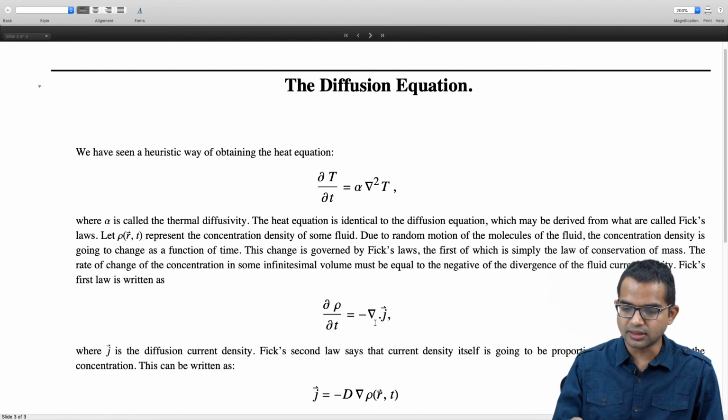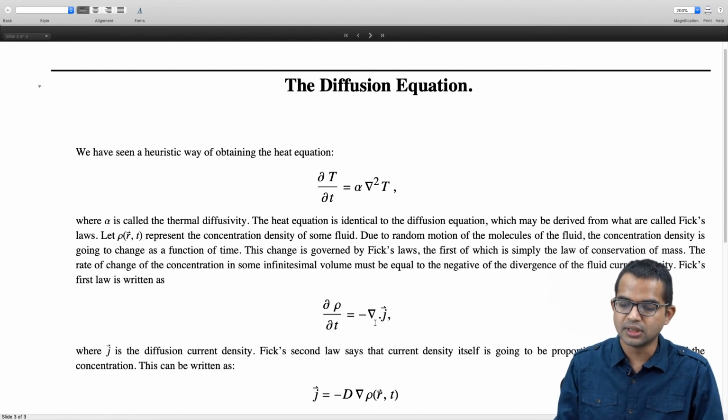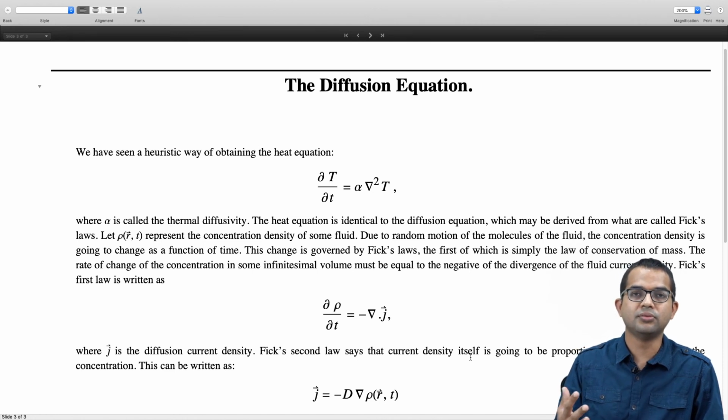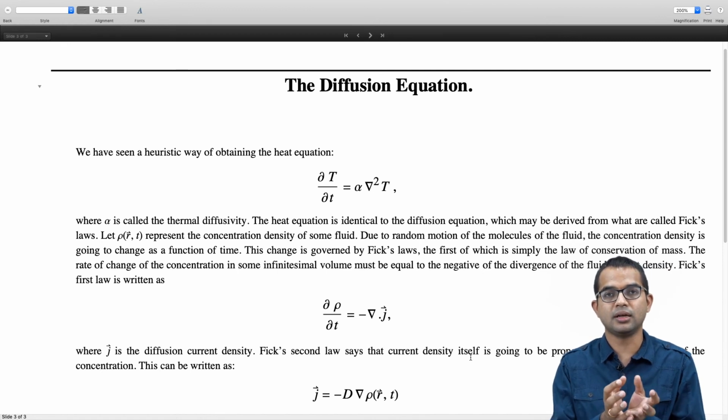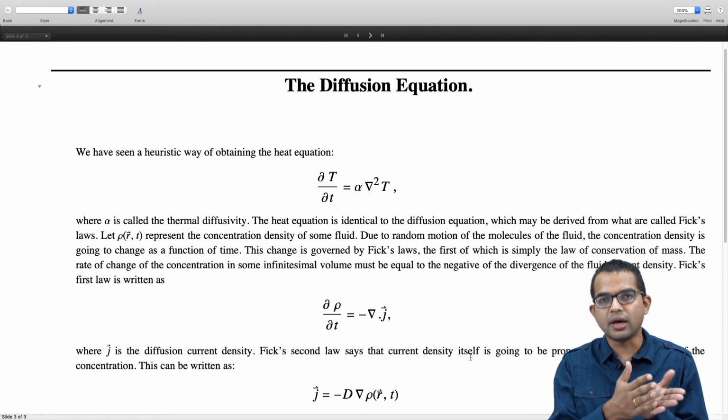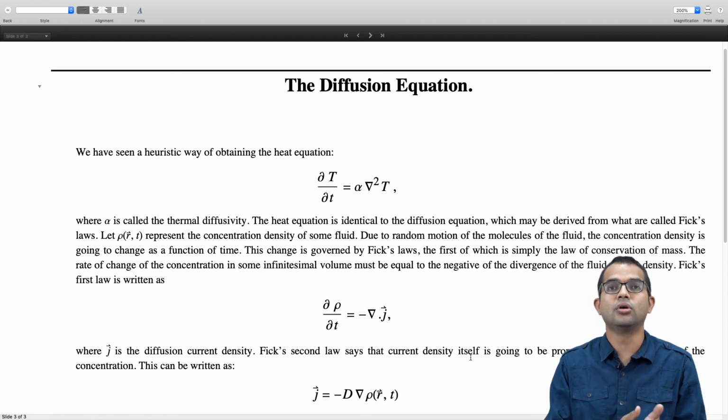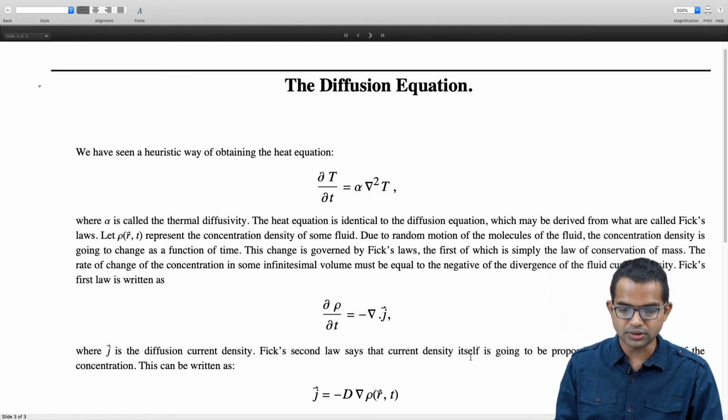So it's something like that is being said here, which is that the current density itself, right? I mean, we can imagine how particles which are concentrated in a region will tend to go from a region of higher concentration to a region of lower concentration. So the direction of current is of course from a region of higher concentration to a region of lower concentration.